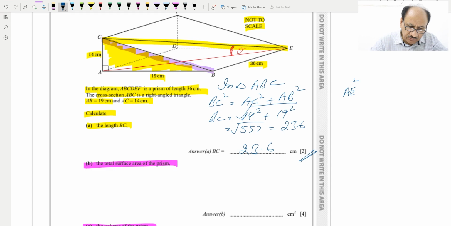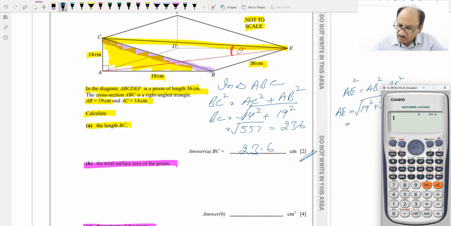AE square will be equal to AB square plus BE square, which is 19 square plus 36 square, and under root will be AE. So AE is the square root of 19 square plus 36 square, and this will be equal to 40.706.